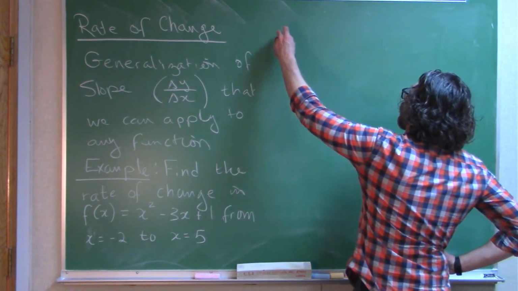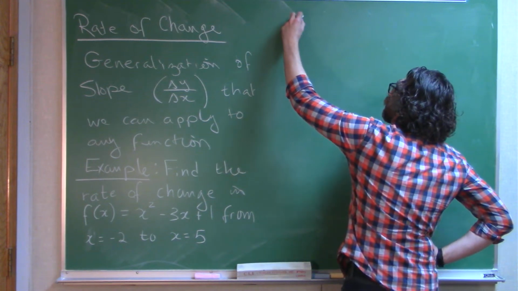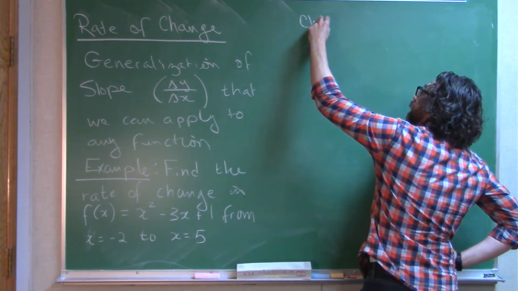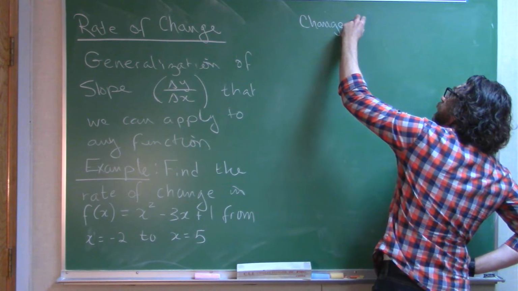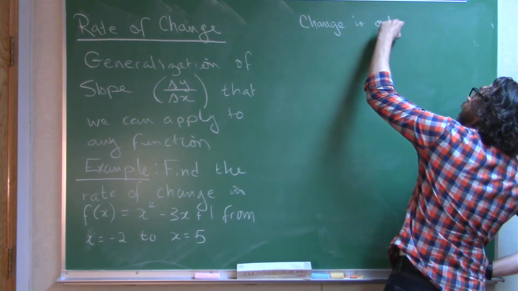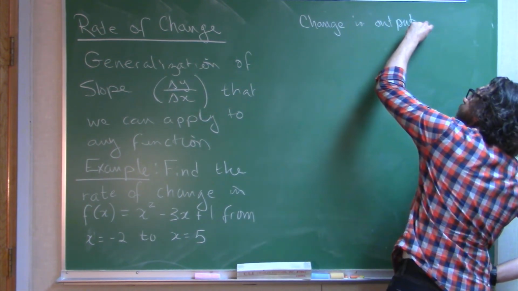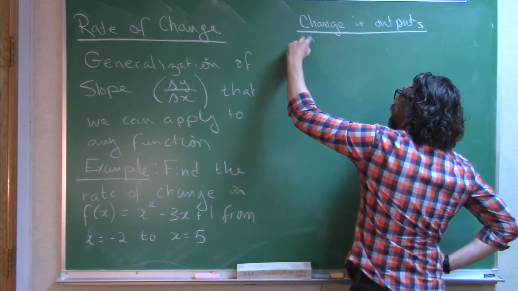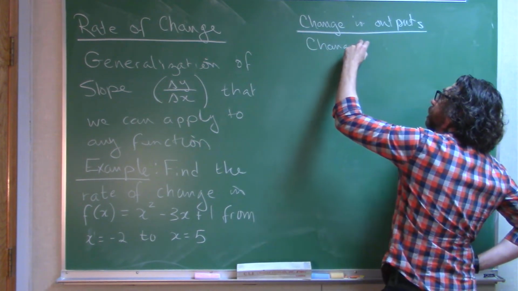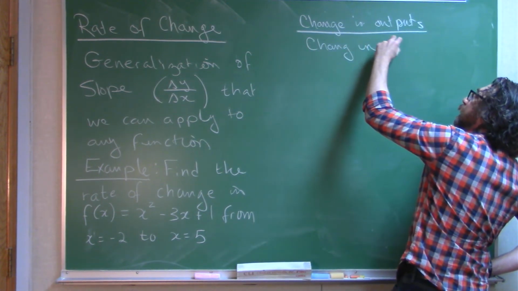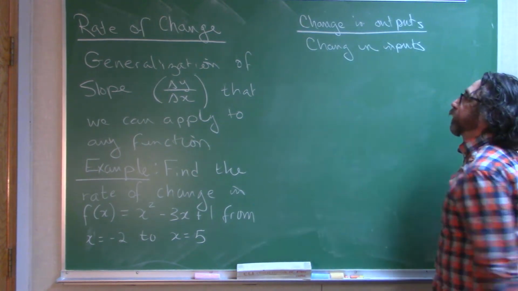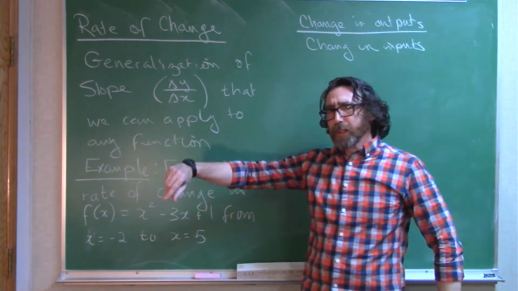Here's how you do it. You're making this fraction here. You're going to look at the change in the outputs of the function and divide that by the change in the inputs of the function. Exact same idea we're doing here.